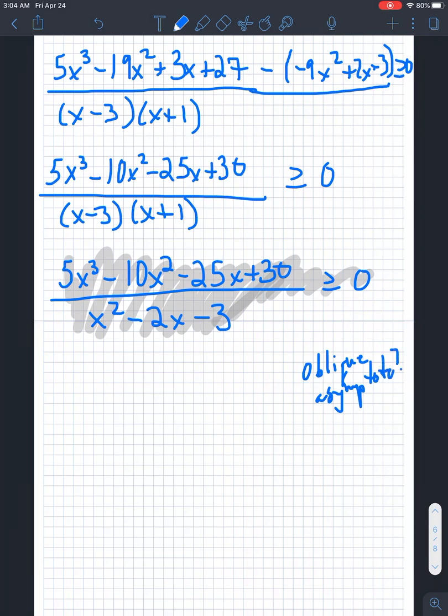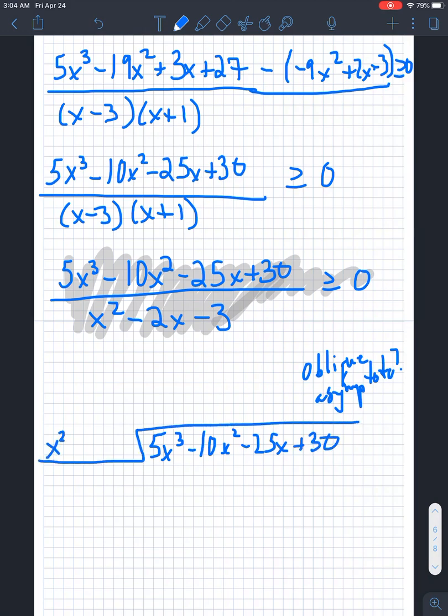Okay, so let's say 5x cubed minus 10x squared minus 25x plus 30. We're going to divide that by x squared minus 2x minus 3.